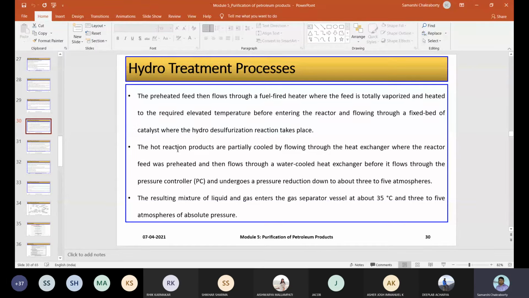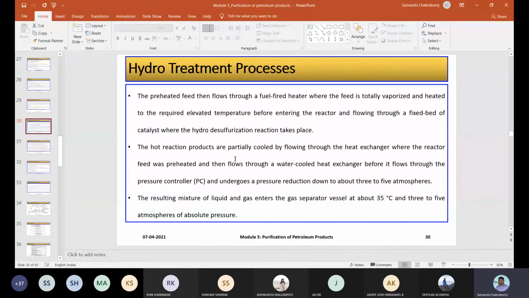The hot reaction products are partially cooled by flowing through a heat exchanger, definitely, because the product has a significant amount of heat present in it. That is why your fresh feed plus your compressed recycle H2 gas is preheated using the heat of your product.